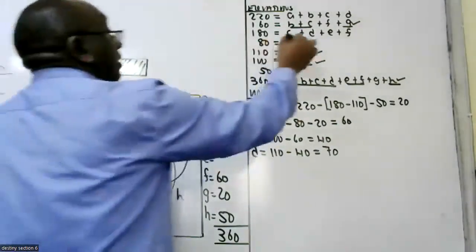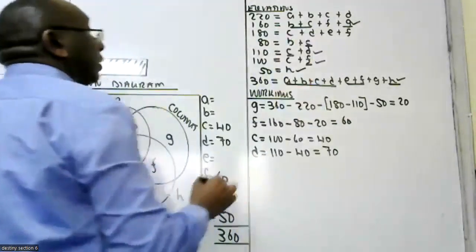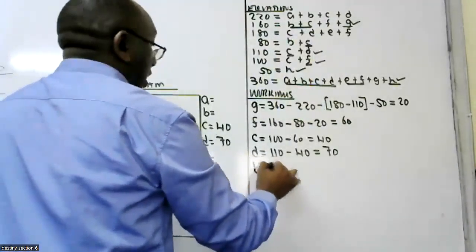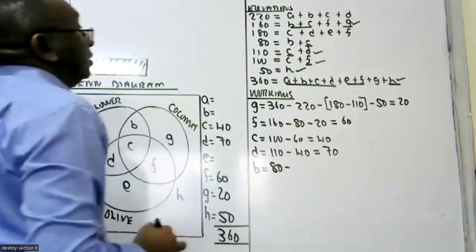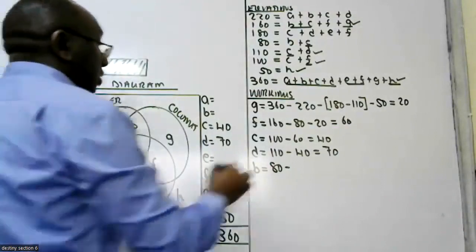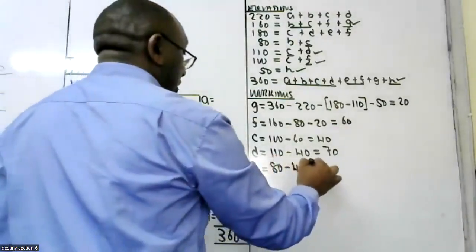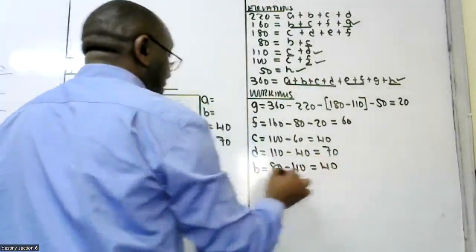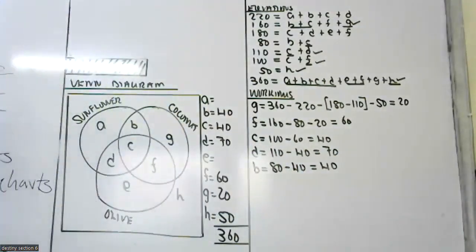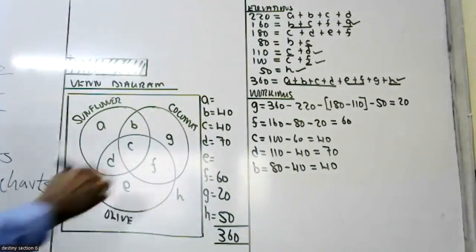Then here C still helps us. He said that B should be 80 minus C, which is 40. So that becomes 40. So B is 40.